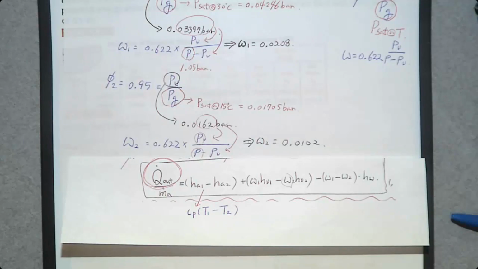Remember, when you have a mixture of gases, they share the volume, they share the temperature. So there's no TA, TV because temperature is the same. Temperature is equal between the air and water vapor. Volume is equal between air and water vapor.